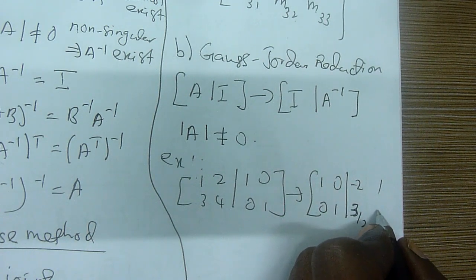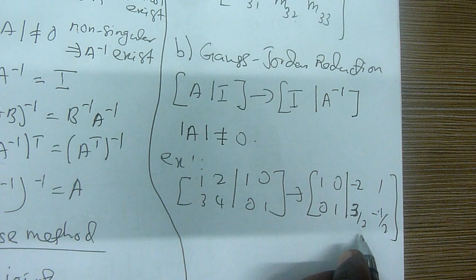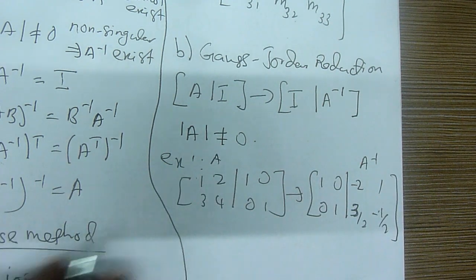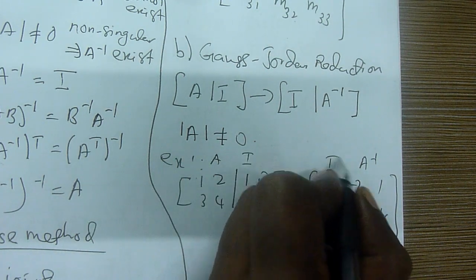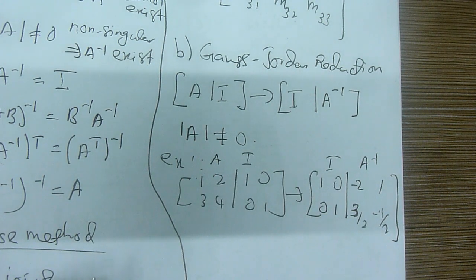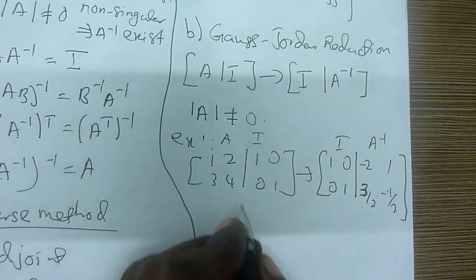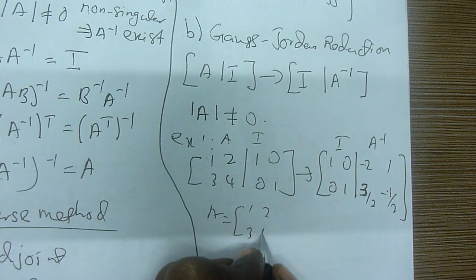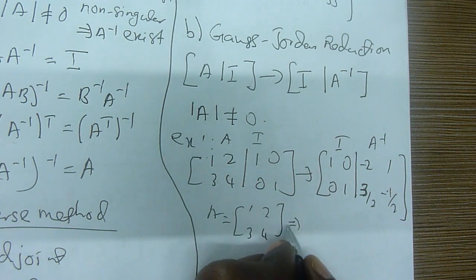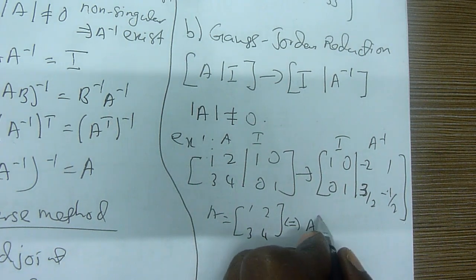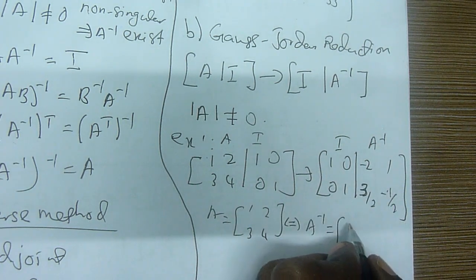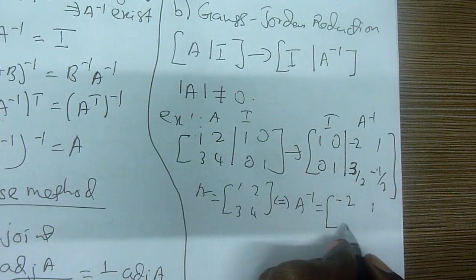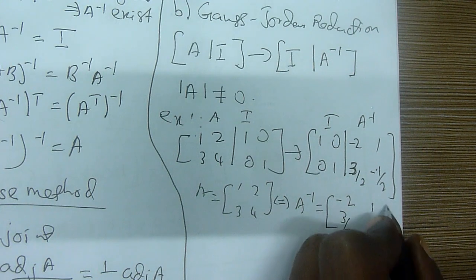Therefore, this is A and this is the identity, and you will get your inverse again. A is 1 2 3 4, and the inverse of that in this case is 2 1, 3 over 2, negative 1 over 2.